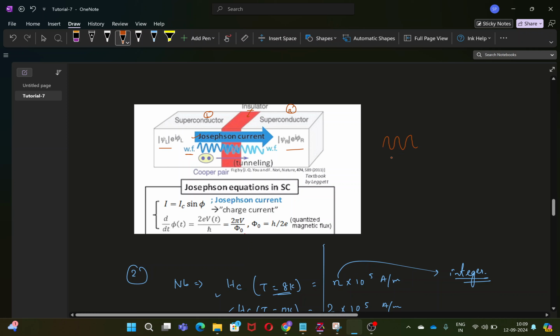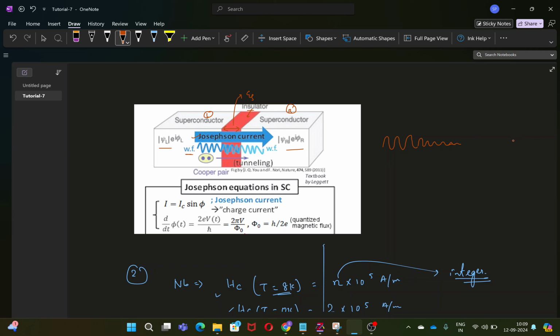But as soon as you reach and approach the junction, you see that this is decaying. This is going smaller and smaller, and now the frequency has been decreased. Okay. But because this is a zeta width of the tunneling barrier in between the two superconductors, over this entire width the superconducting wave function will not decay completely to 0, but it will survive up to this width.